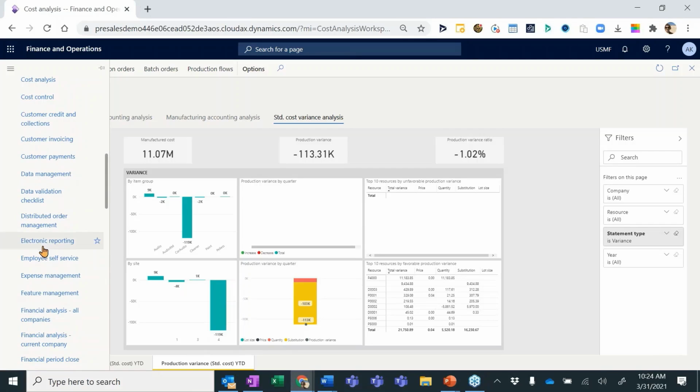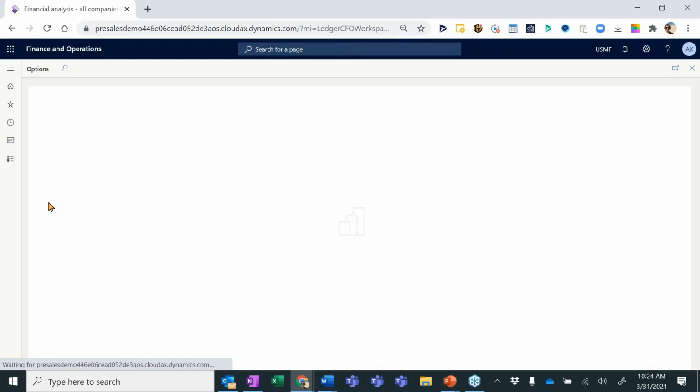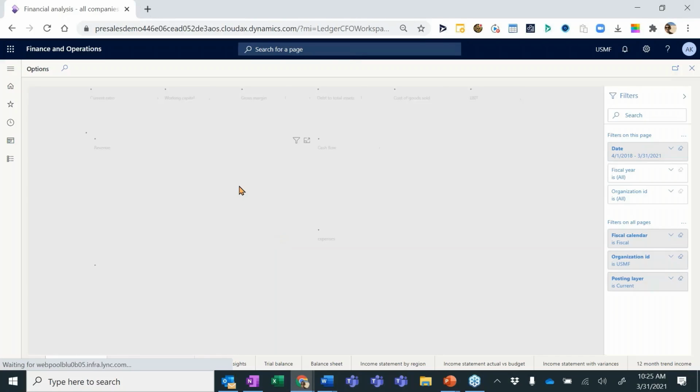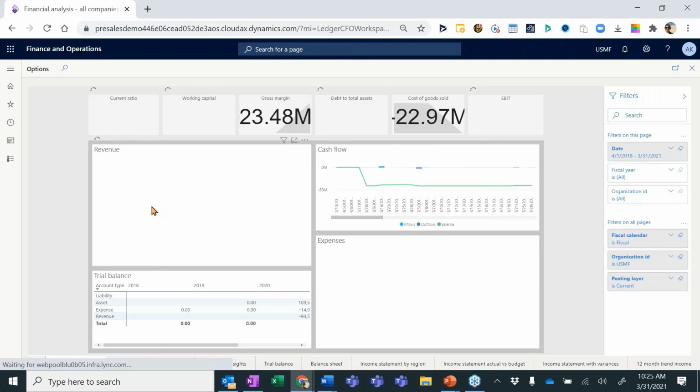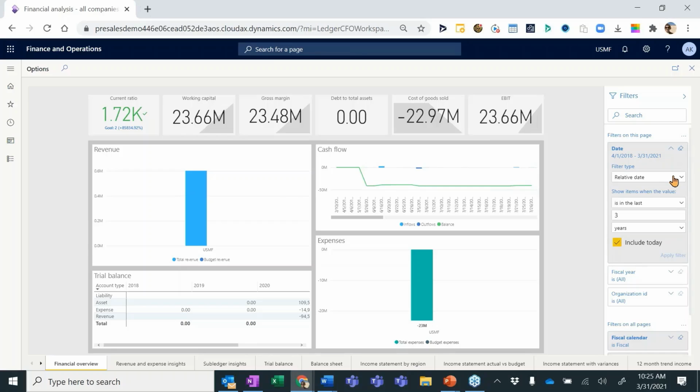The last batch I want to show you is the financial analysis. It's warming it up. It's bringing down the data for me. And this is giving me a financial review of my company as I am sitting right now. I want to see if I can flip this date.